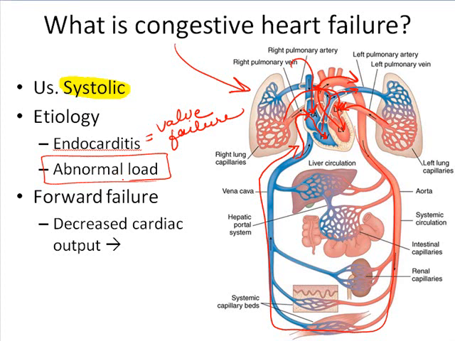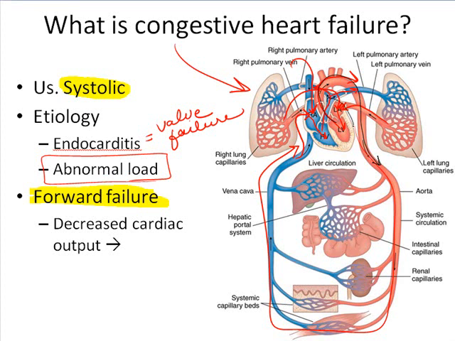Regardless of the etiology, what happens in congestive heart failure is we can get two different processes occurring, one called forward failure and the other called backward failure. Forward failure means that all of the places that are ahead of or downstream of the problem area don't receive enough oxygen.